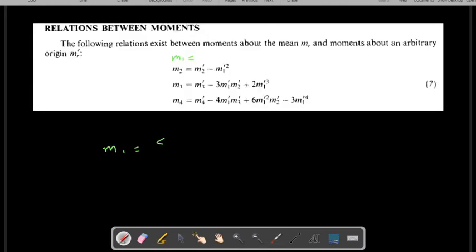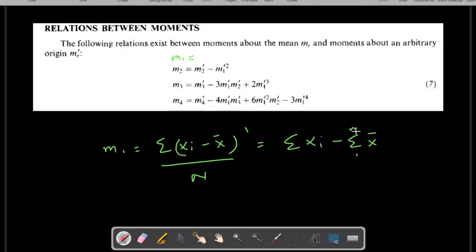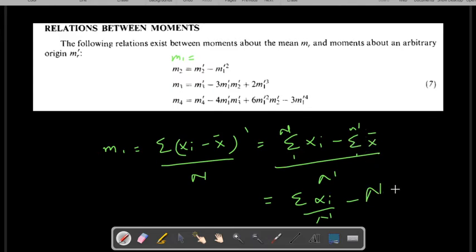So you will get sigma of xi minus x bar whole to the power 1, divided by capital N. So this is equal to sigma xi minus sigma x bar, from 1 to capital N, divided by capital N. So this is equal to sigma xi by capital N minus x bar, which is a constant, so you have to add the constant N times, so capital N x bar divided by capital N. So this N and N will cancel.